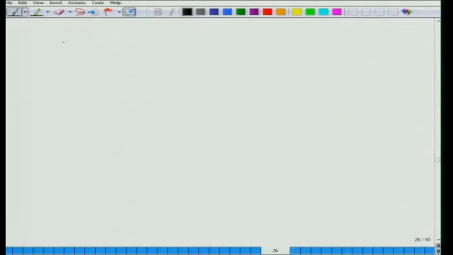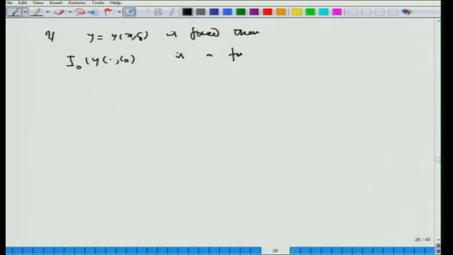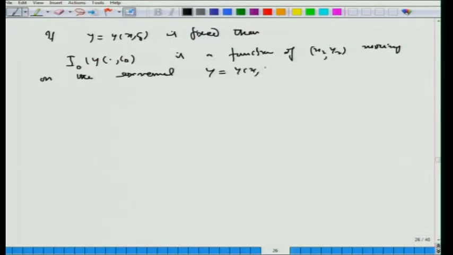Observing that if y equal to y(x, c0) is fixed, then this I0 is fixed, then this I0(y), which is this c0, is actually a function of this (x2, y2) moving on the extremal y equal to y(x, c0).